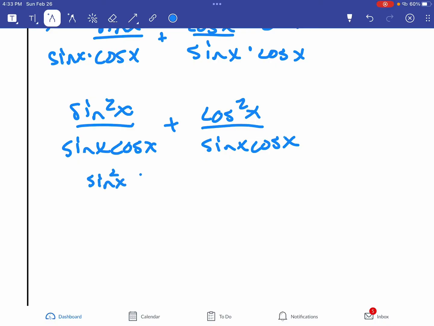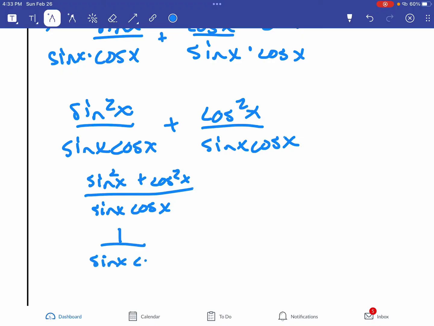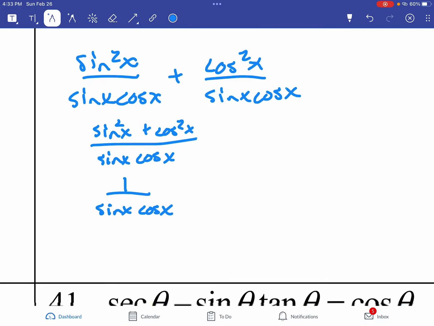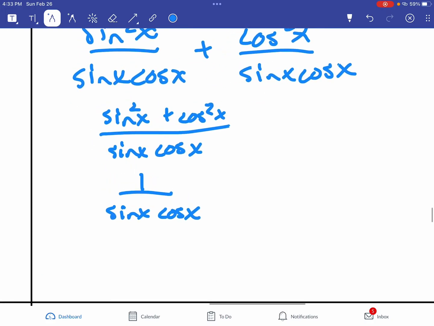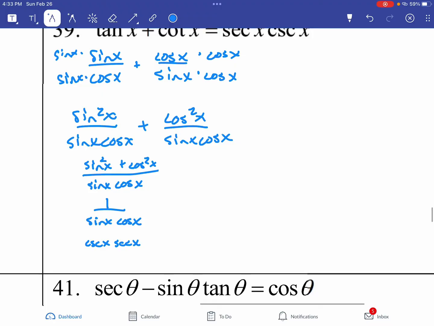Sine squared x plus cosine squared x over one denominator of sine x cosine x. The top now is a Pythagorean identity. So sine squared plus cosine squared is just 1 over sine of x cosine of x. And then this, 1 over sine is cosecant, and 1 over cosine is secant. And that's just what we were looking at before.